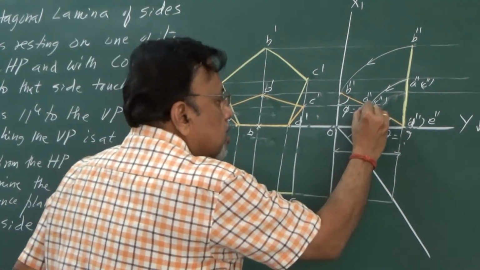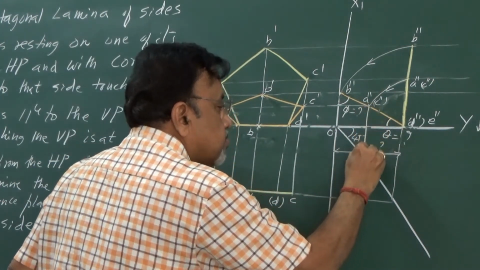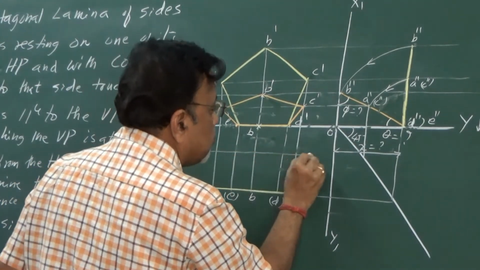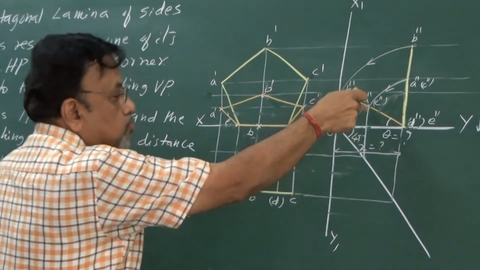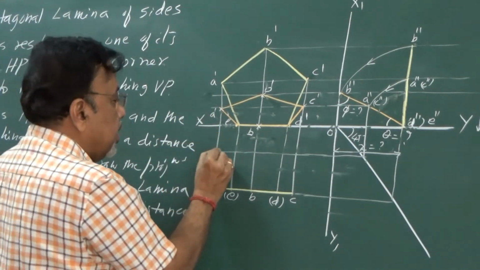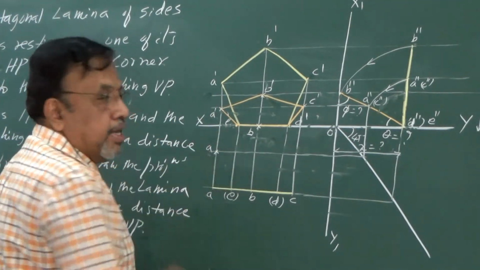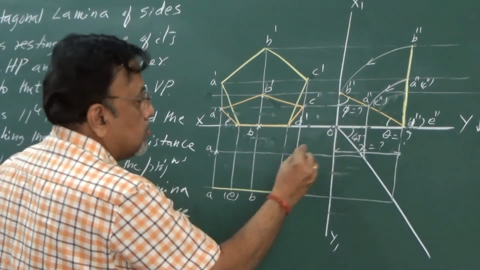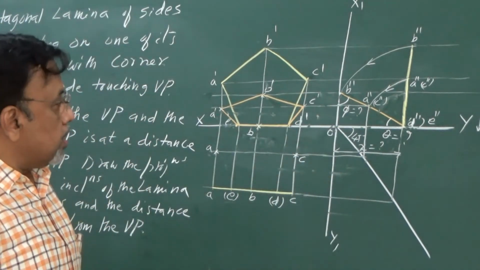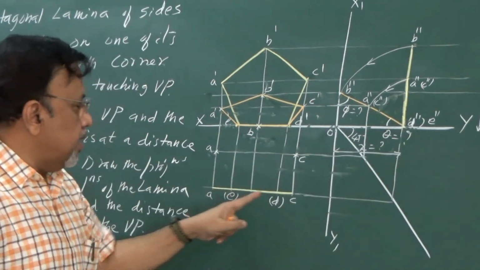Okay, now I need to get this A and C. So what do you get for A and C? Draw this projector. So this is for A and C. This is A dash. So this should be what then? A. This is C dash. So this should be C. Okay, what about your D and E? Already D and E are here only.